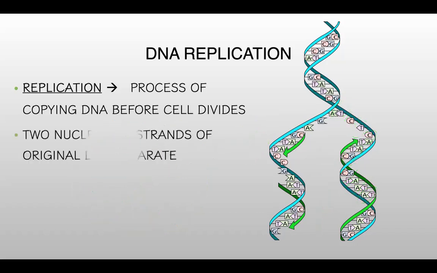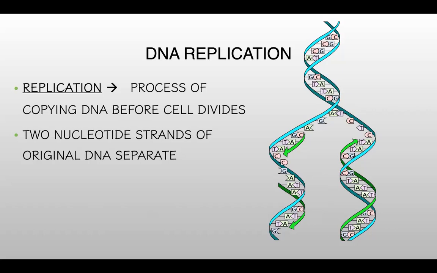So I'm going to describe how DNA is replicated in the S phase. As I said, the most basic version is that the two nucleotide strands of the original DNA separate. Using the base pairing rules, you're going to use each separate strand as a template.